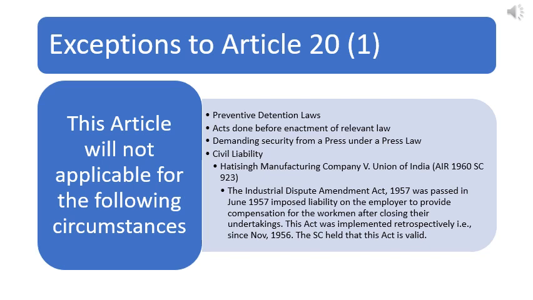As I said earlier, that law should be in force at the time of the commission of the offense. Clear? Next, demanding security from a press under a press law. Finally, civil liability. In these four circumstances, Article 20 Clause 1 will not apply.